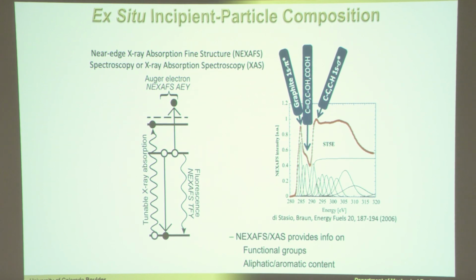At that photon energy, where you have the transition from the ground state, 1s to pi-star excited state, you can look at that and try to understand how graphitic your sample is. The state over to the side, 1s to sigma-star, is for these aliphatic, side chain type things. You can also get information about oxygenated peaks, okay?